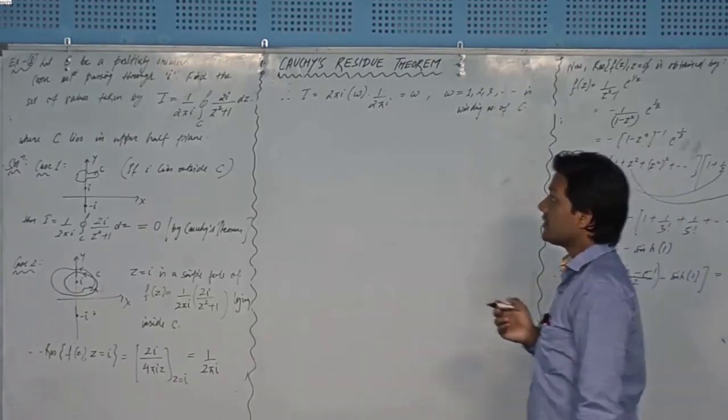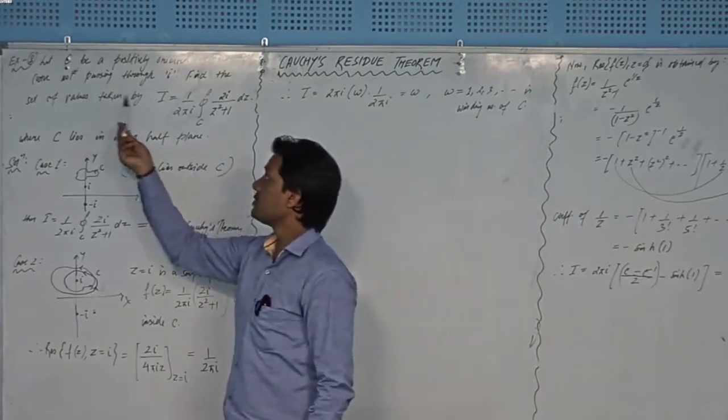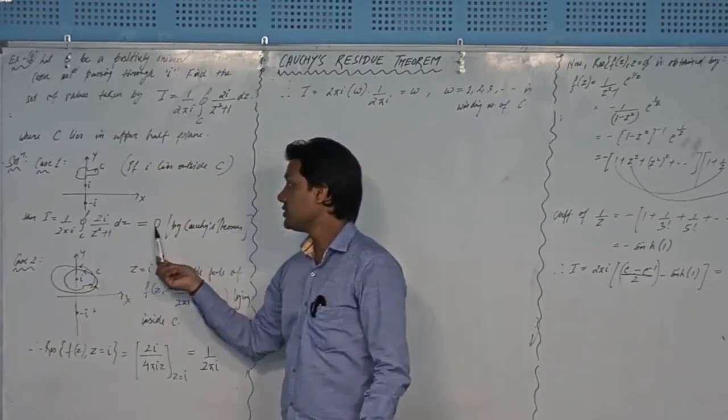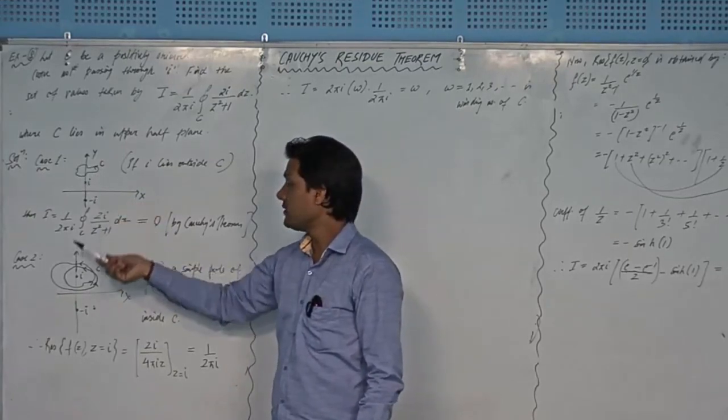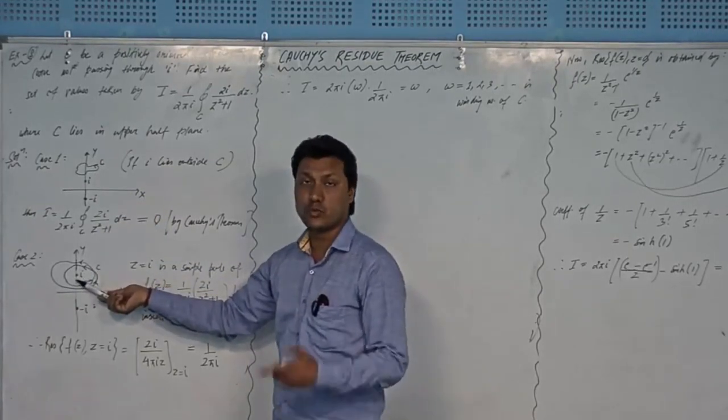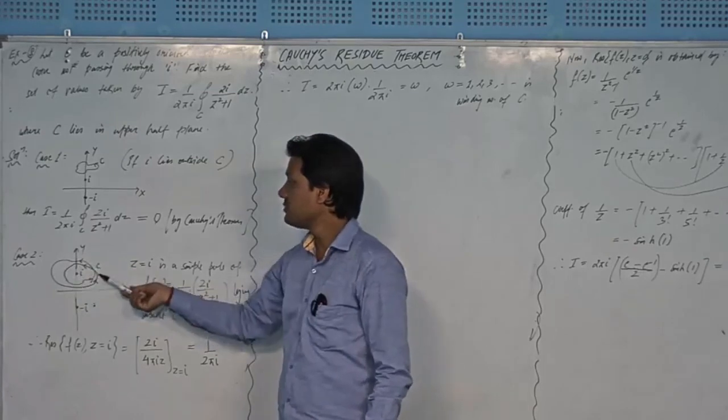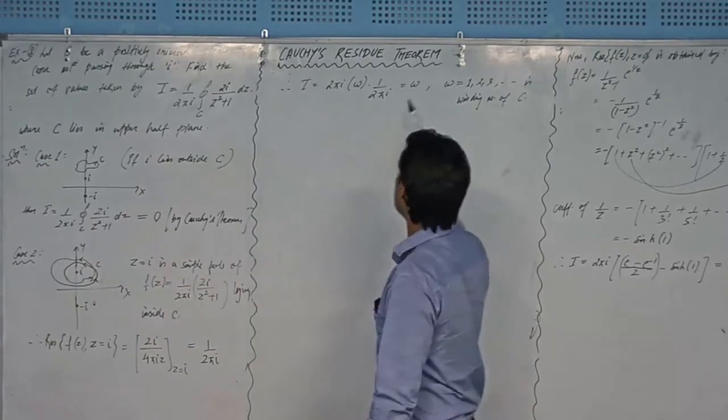So I have to construct the set of values taken by I. I can take value 0 if this curve does not enclose this pole, and if this curve encloses this pole in so many ways, winding number 1, 2, 3, and so on, the answer will be omega.